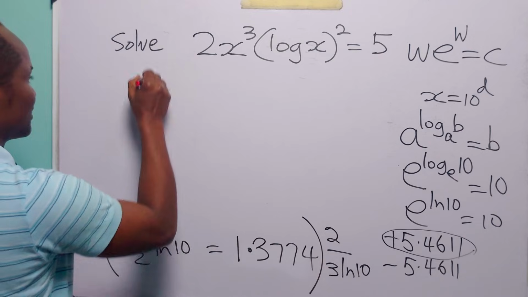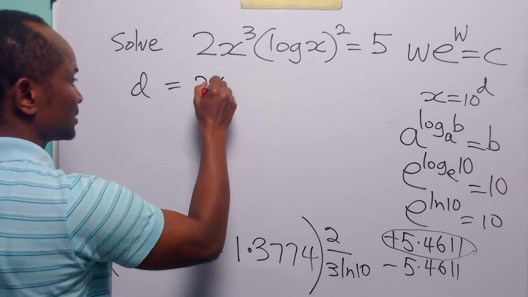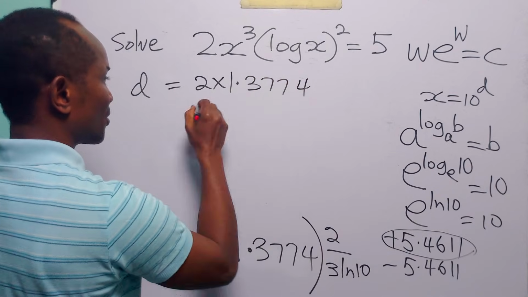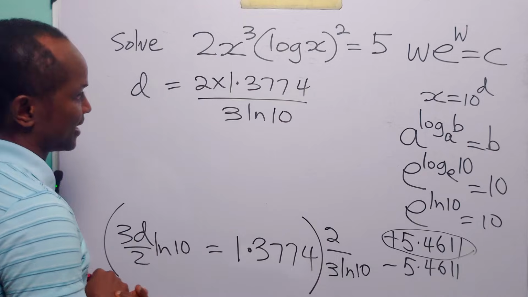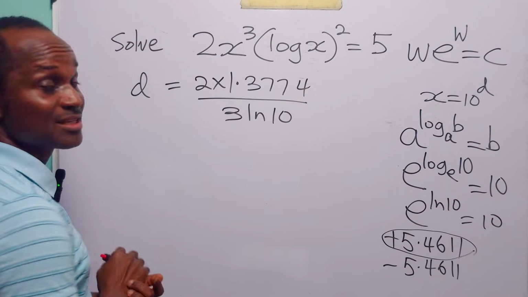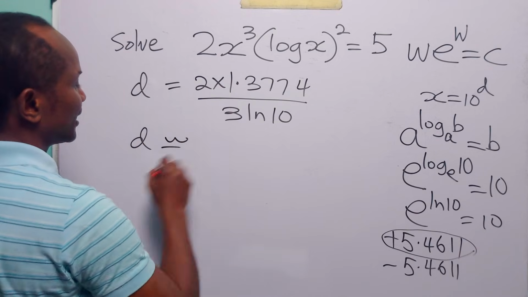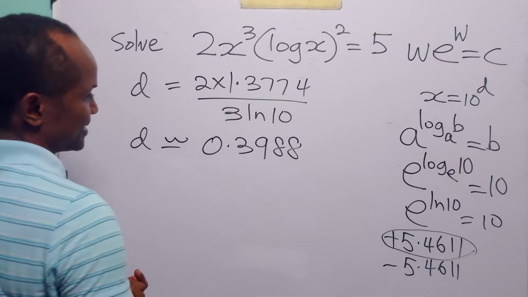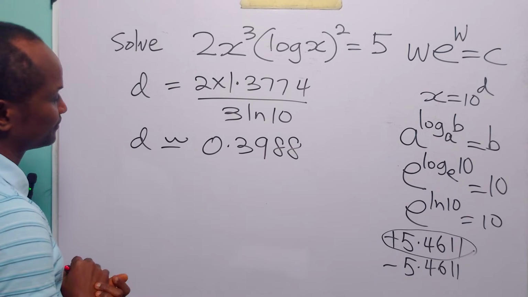So we have that d is equal to 2 times 1.3774 divided by 3 times ln 10. And evaluating this with a calculator, we have that d is approximately equal to 0.3988.